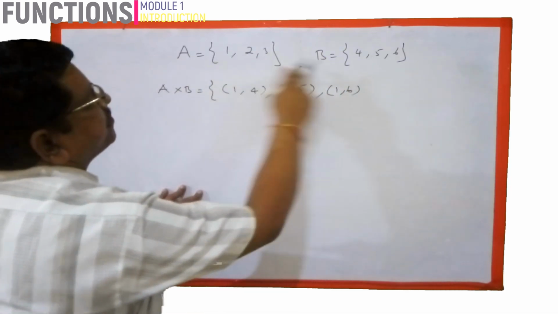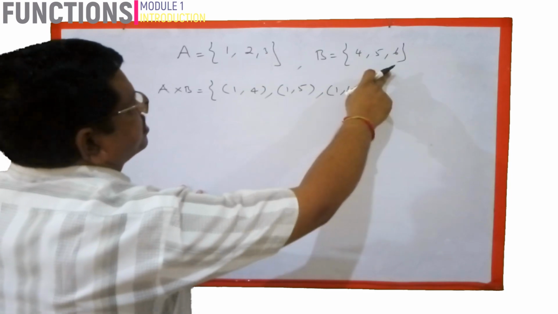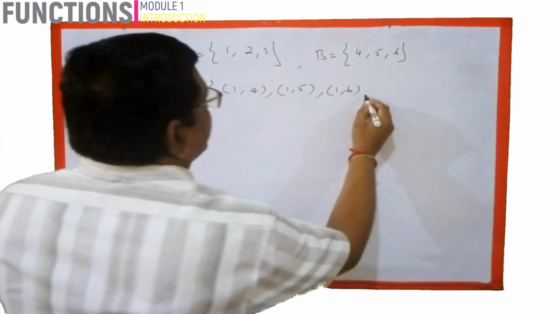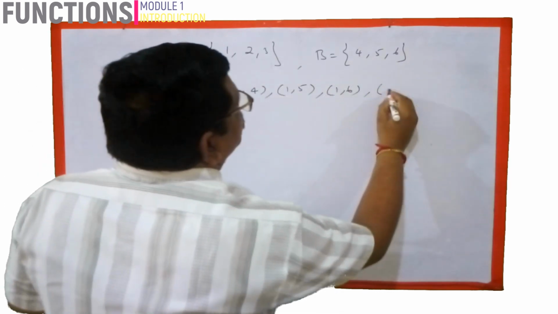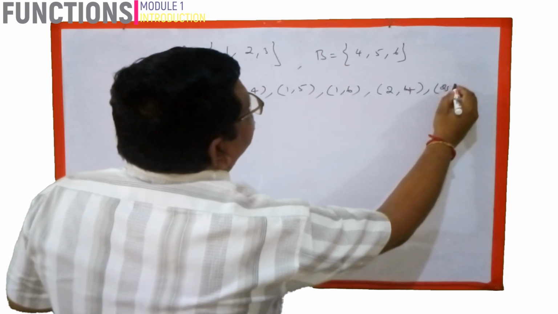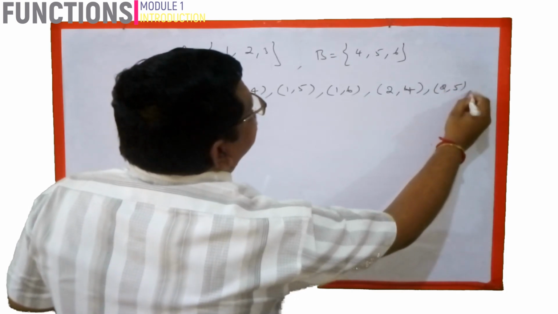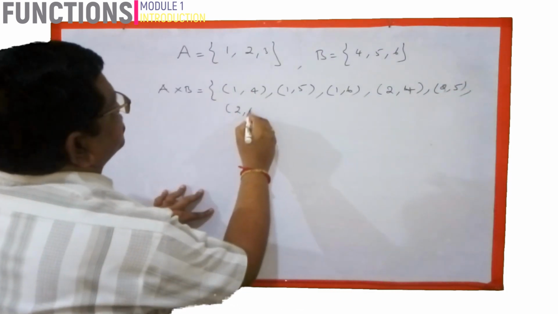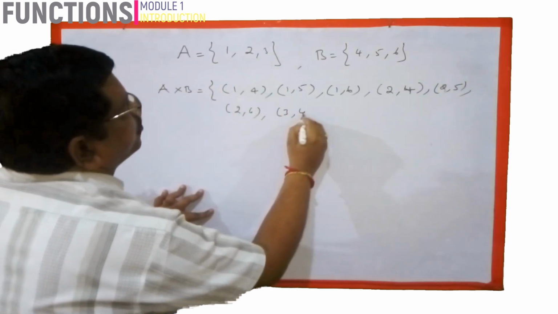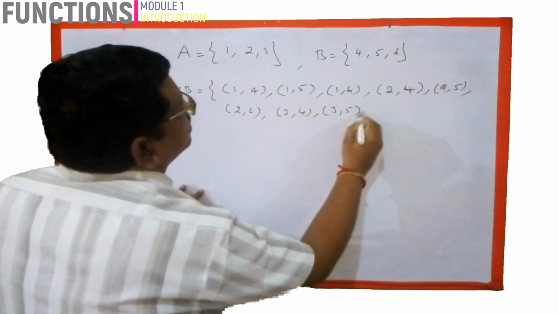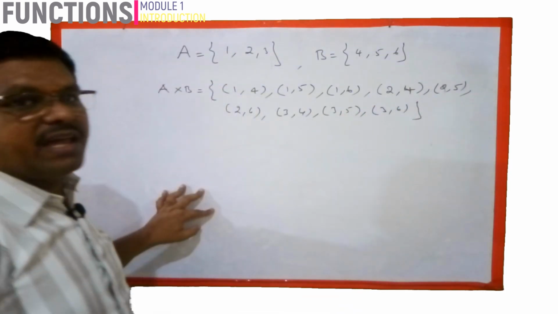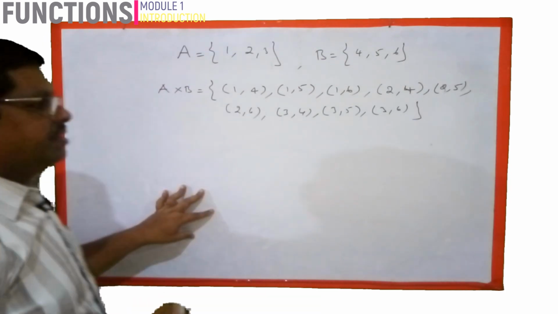So with 1 we have made the association with the elements present in set B. Similarly with the second element 2: (2, 4), (2, 5), (2, 6). Now let us take 3: (3, 4), (3, 5), (3, 6). We have got a total of 9 elements in A cross B.